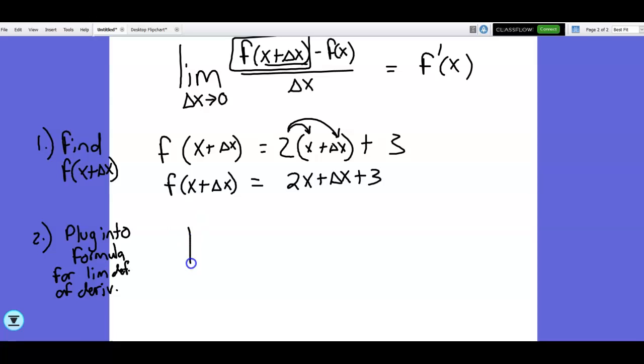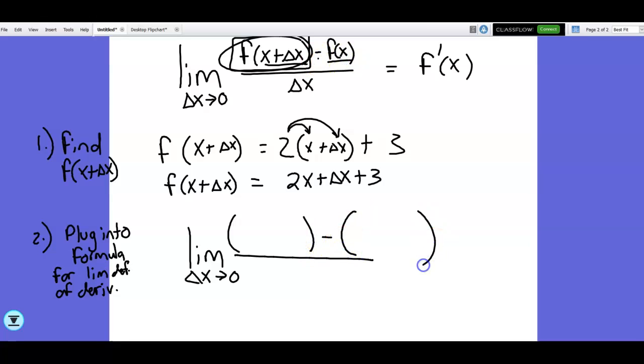So here's how that's going to look. The limit as delta x approaches 0 of, and we're going to have one blank here, minus one blank here, over delta x. Okay? Now what goes in the first blank there? Put my f prime over here as well, by the way.